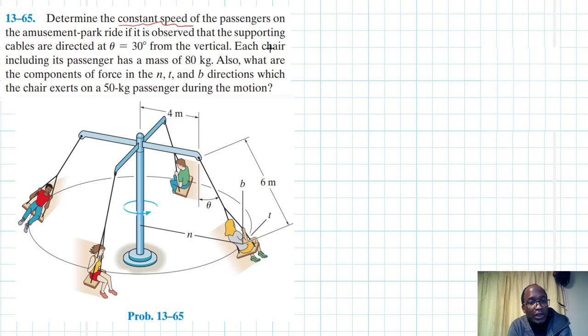The mass of the chair and the passenger is 80 kg. In the other case, we are asked to determine the components of force in the N, T, and B directions which the chair exerts on the 50 kg passenger during the motion.